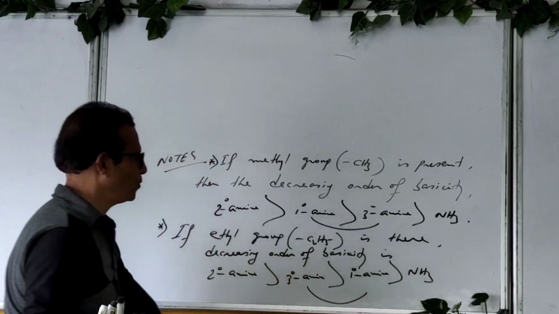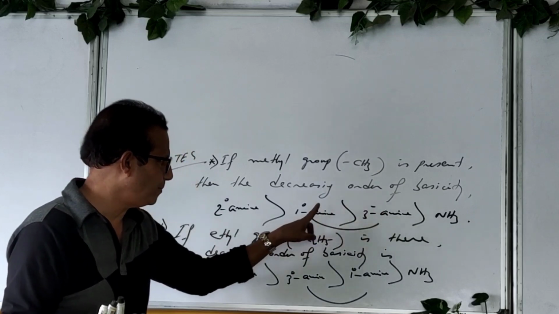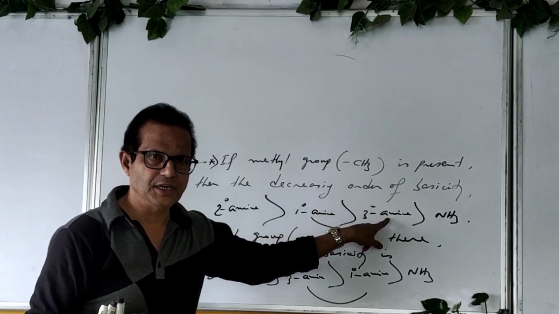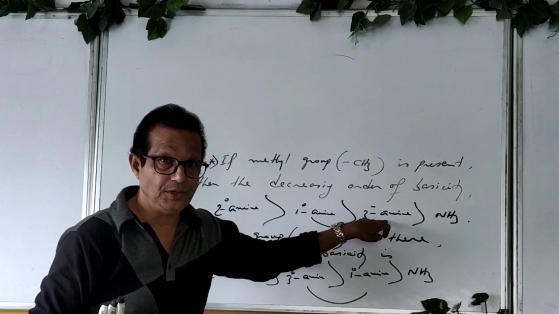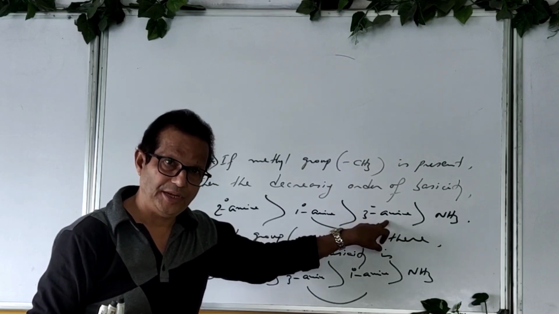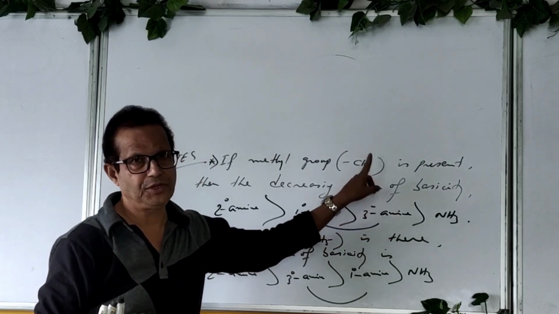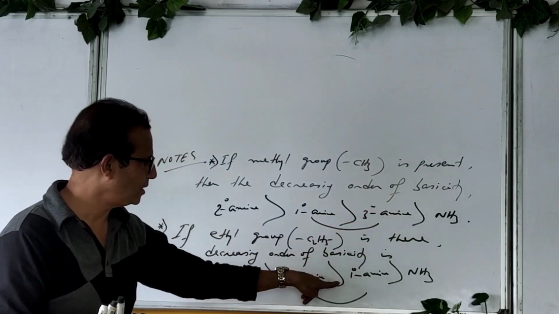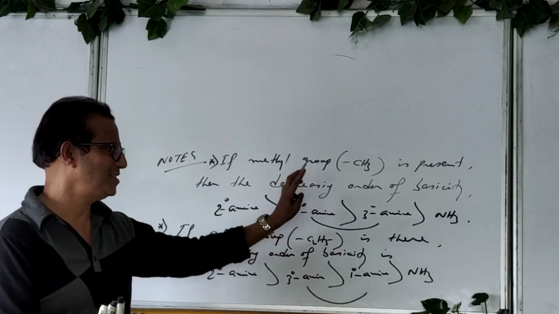The change is here. Why is tertiary amine less basic than primary amine? In tertiary amine, when a methyl group is there, steric hindrance predominates over the electron donating nature of 3 methyl groups. But here electron donating effect predominates over steric hindrance. This is the exceptional case.